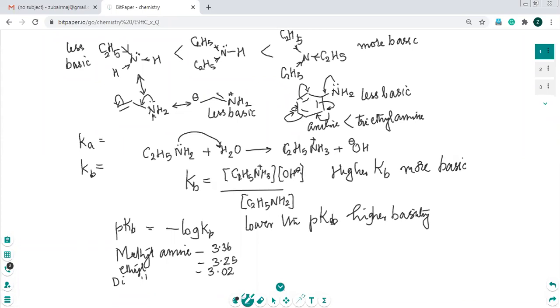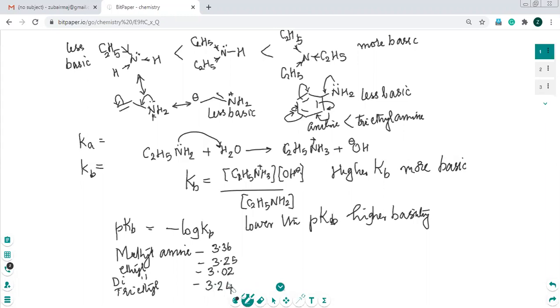Now here there is a difference with triethylamine. It is 3.2. This difference is due to a factor known as the solvation effect.